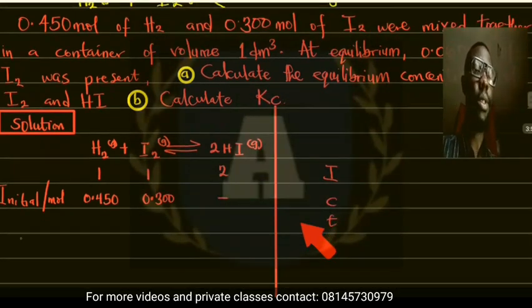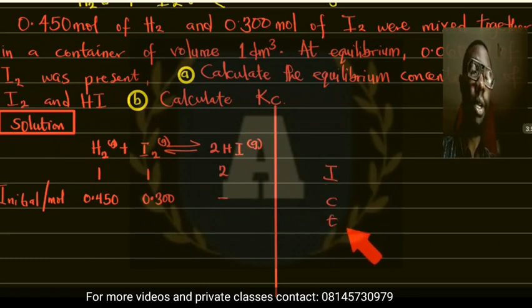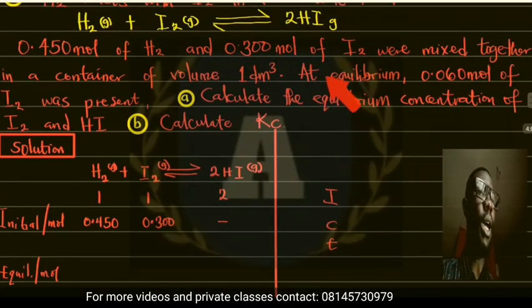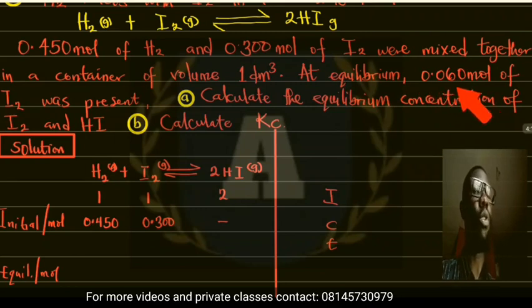Now next, the third thing in this format is the equilibrium, because that is what is given next. Equilibrium, also units in mole. Now as the question proceeds, it says at equilibrium 0.06 moles of iodine was present.